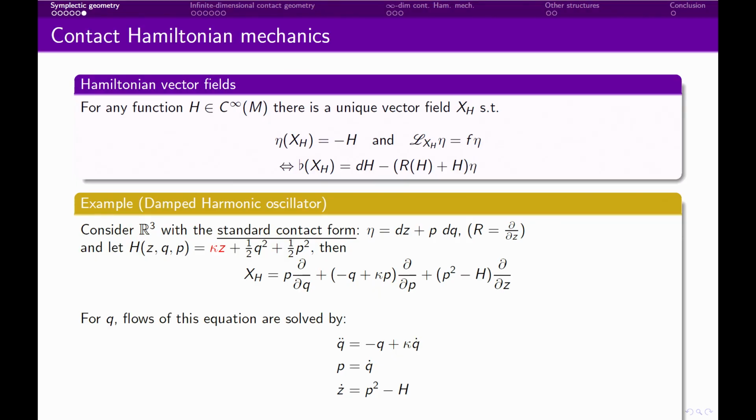I think, in particular, you can do thermodynamics with finite dimensional contact geometry, similar to Adam's talk, and when you do this, Z actually ends up being entropy. So there are cases where it has a very clear physical meaning.